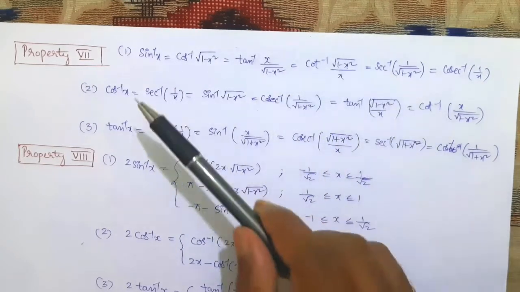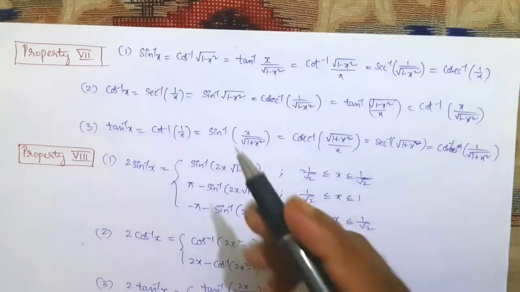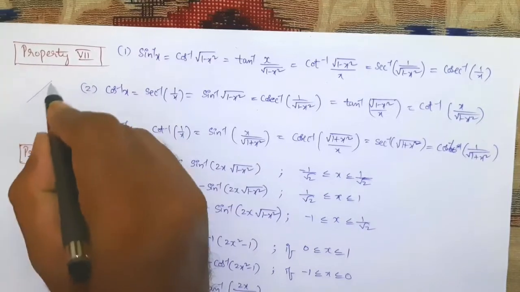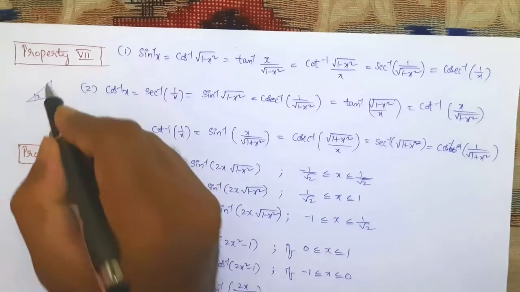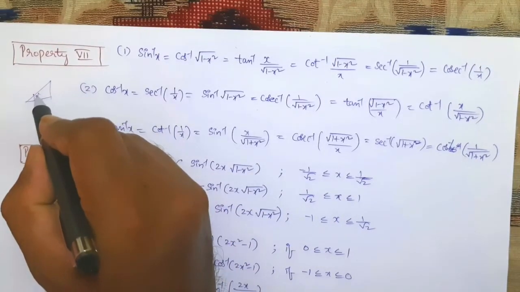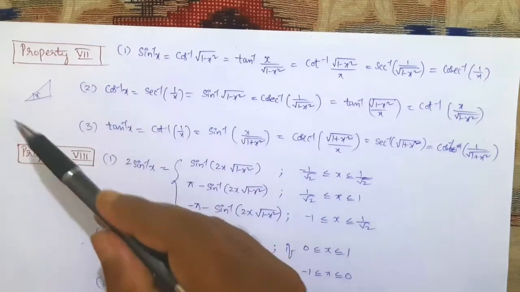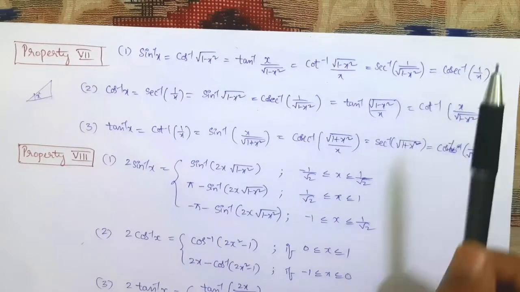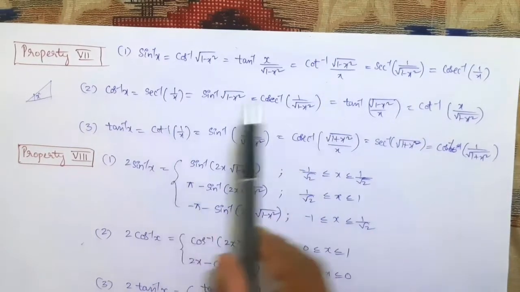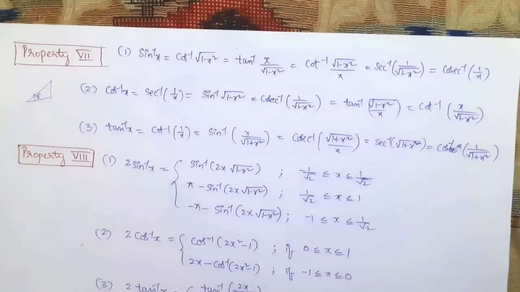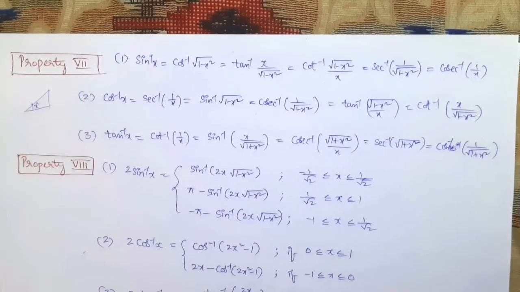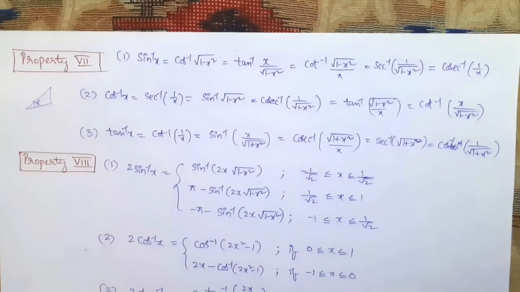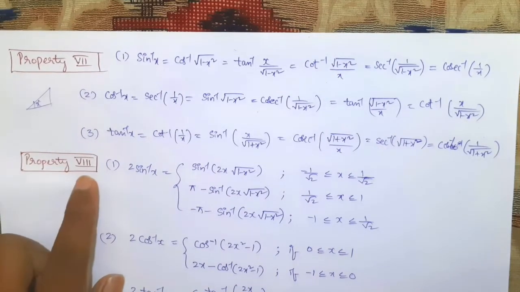But you can draw this as a triangle, for example this as x. By using opposite, adjacent, hypotenuse, based on that you can also find the remaining trigonometric functions. Instead of that, to minimize the time, if you remember these values, you can easily save time while solving. Next, property 7.